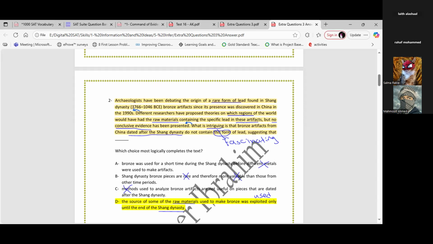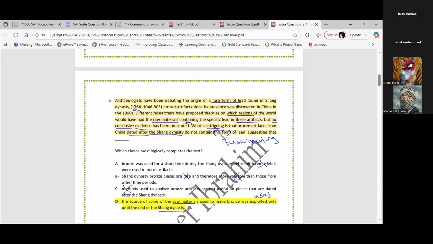Number one, it's not a short time. If you just count the years, you're going to find that it's around 600 years. So it's not a short time. And we didn't talk about different metals. We're talking about the rare form of lead. Shang dynasty, okay? Bronze pieces are rare and therefore more valuable than those from other time periods.